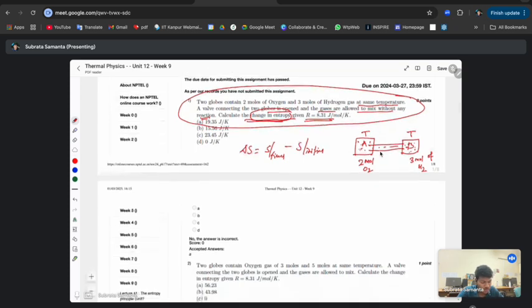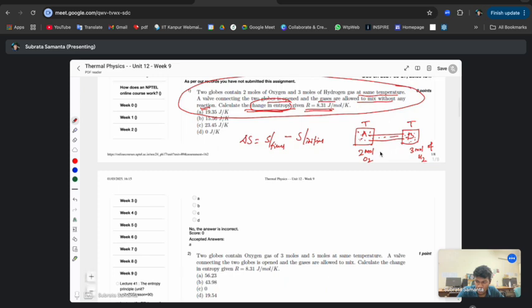First we calculate S final. For the final entropy, the total volume is V, and when we allow the gases to mix, the total number of moles is N1 plus N2, which is 2 plus 3 equals 5.